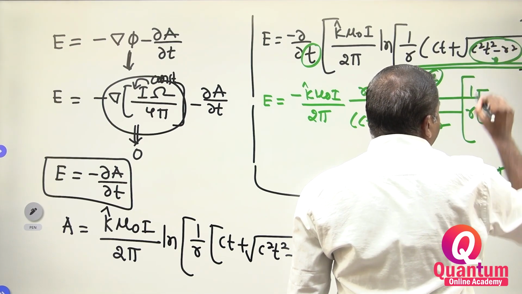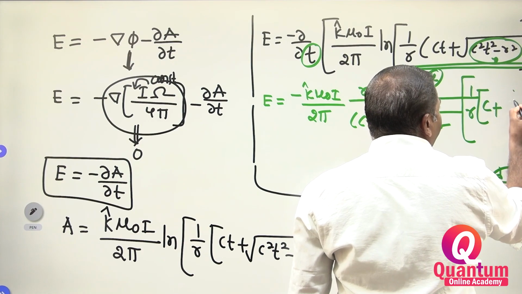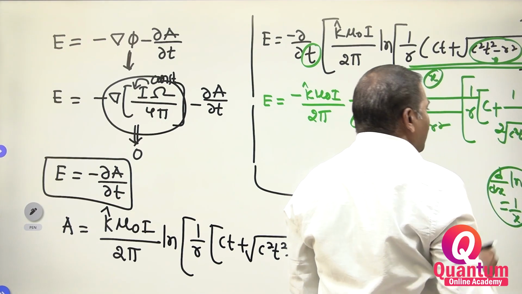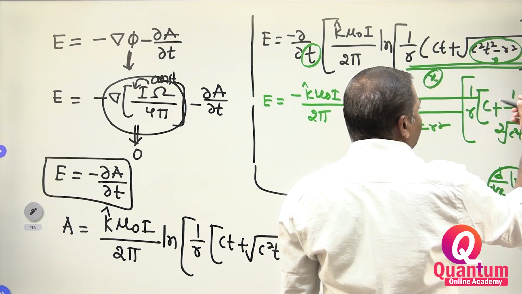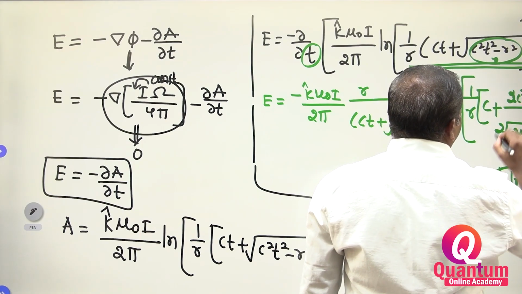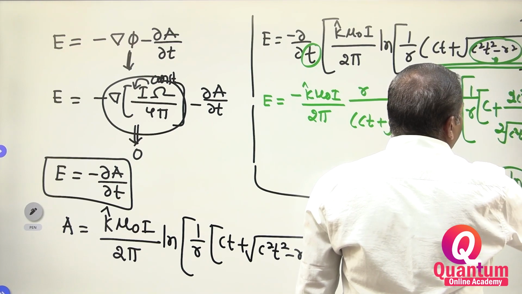Taking root x, differentiate: 1/(2√(c²t² - r²)). Again you have to differentiate c²t² - r², which gives 2c²t.